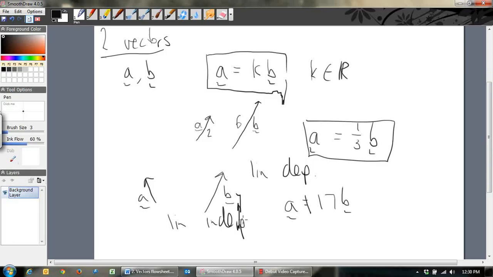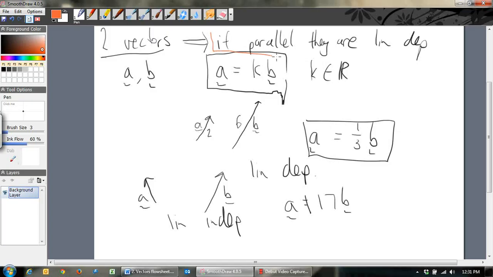So these are linearly independent. Basically, if you have two vectors, if they're parallel, then they are linearly dependent. If they're not parallel, then they are not linearly dependent.